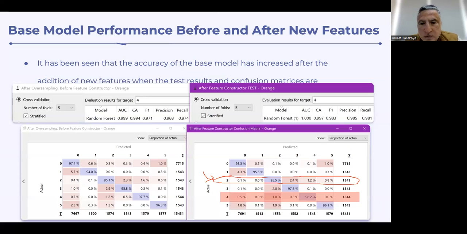Do you think it is like that or something different? Yeah, actual was 4 and predicted was, for example... Yes, correct.